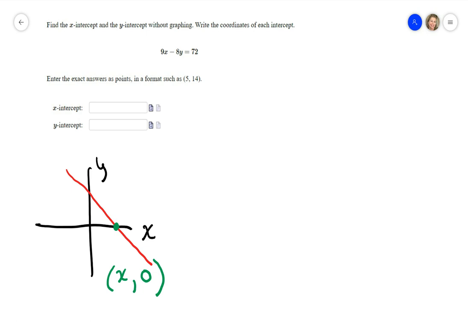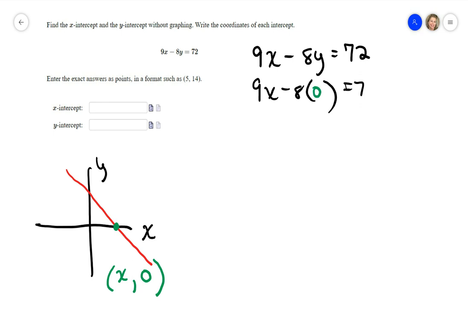So the first thing I'm going to do is come up here to my equation, which is 9x minus 8y equals 72, and I am going to plug in the 0 where the y is, because 8 times 0 is 0, and 9x minus 0 is 9x.